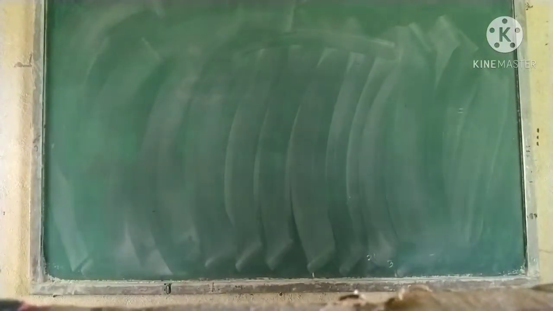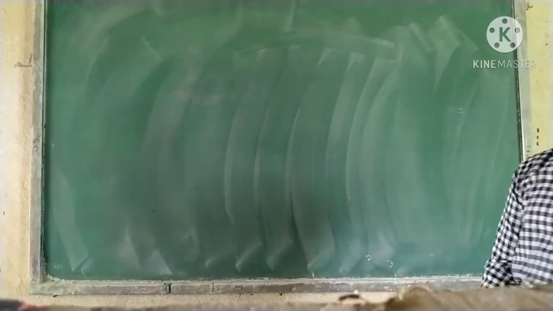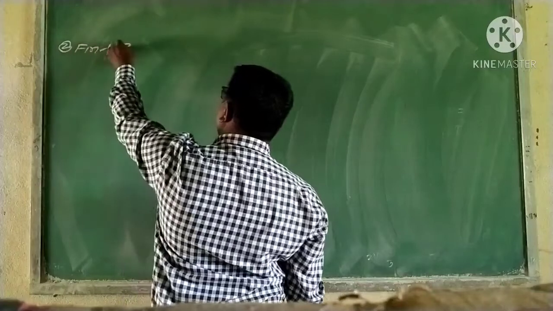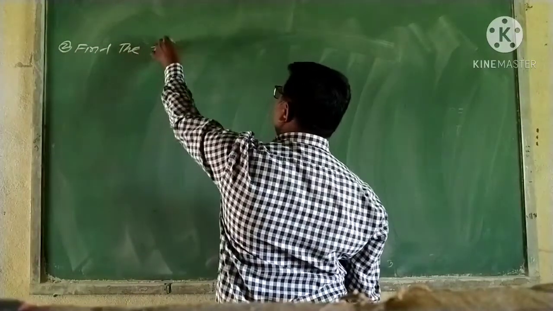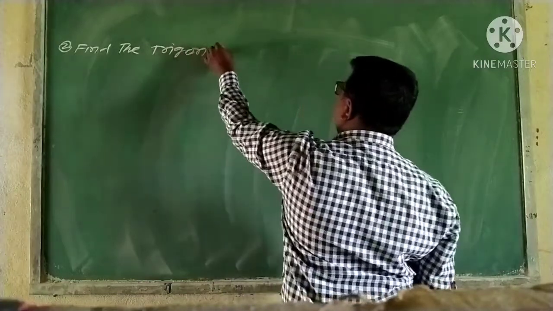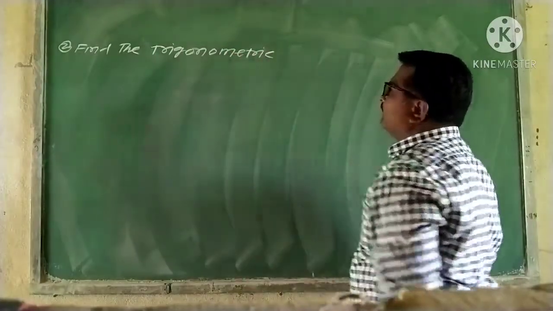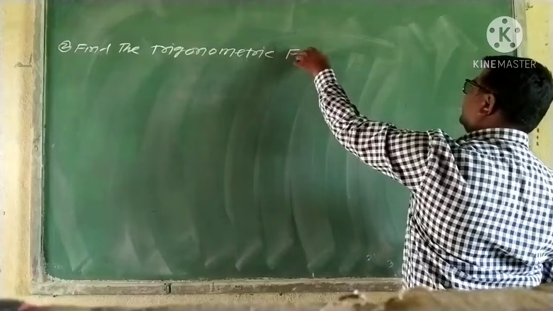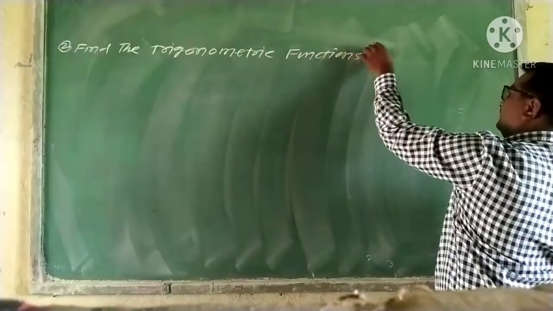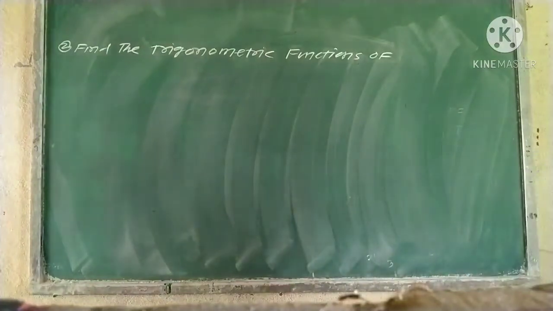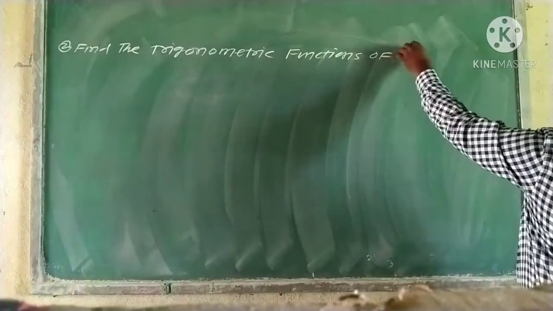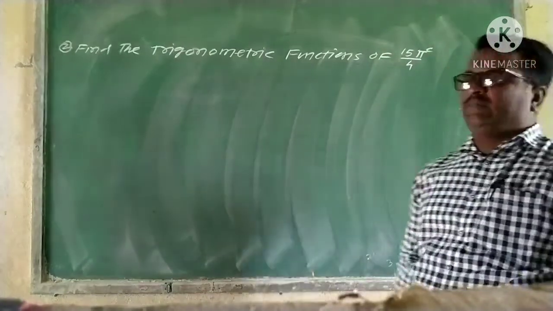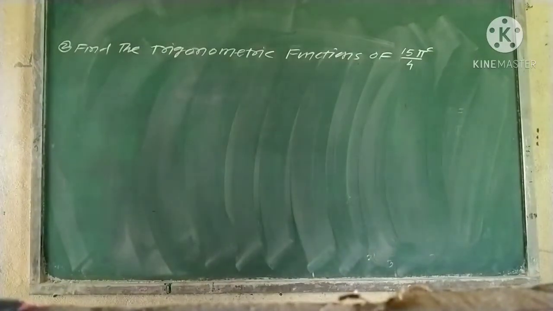Next problem is: find the trigonometric functions of 15 pi divided by 4 radian.